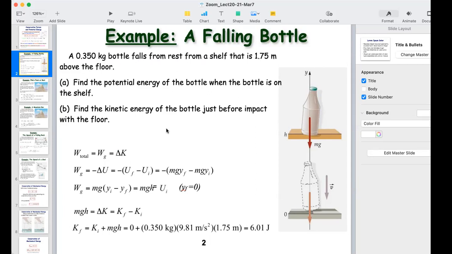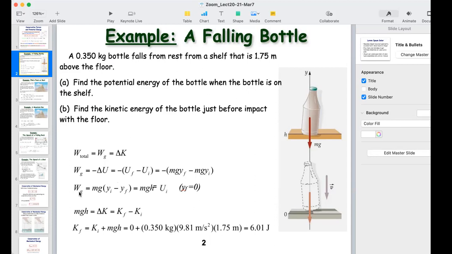Okay, so we know that the total work is the gravitational work, which is also equal to the change in the kinetic energy, and is also equal to minus the change in the potential energy. So minus the change in potential energy means minus (U final minus U initial), so minus mg y final minus mg y initial.